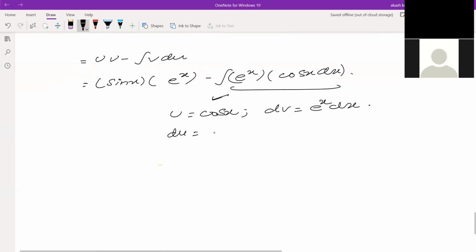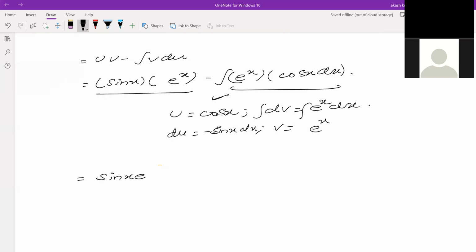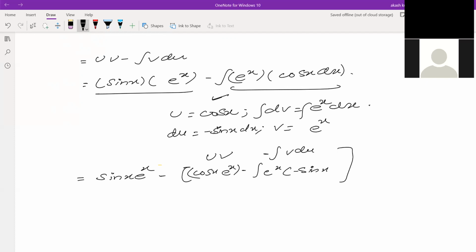So du equals minus sin x dx, and integrating again, v equals e^x. So again, applying integration by parts, sin x e^x as it is, minus uv minus integral of v du. So my u is cos x, my v is e^x, and du is minus sin x dx.